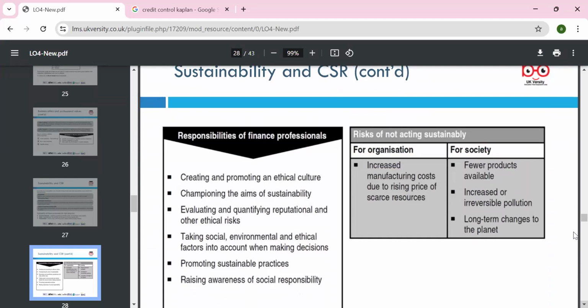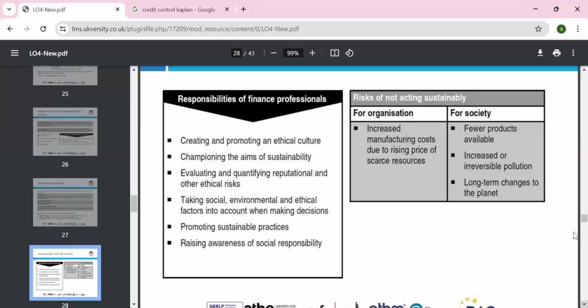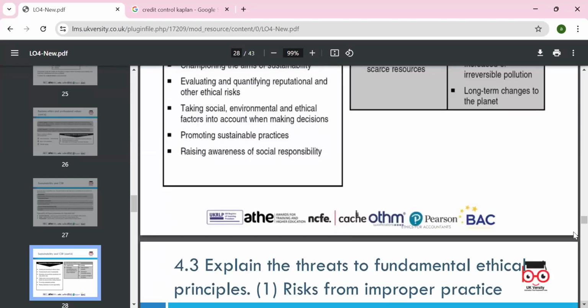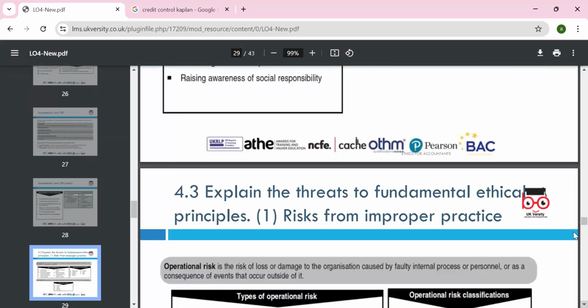We can look at increased manufacturing cost and fewer products available for society. So these are the risks, we have to manage them, and we have to tell the people, ultimately working towards protecting the environment.